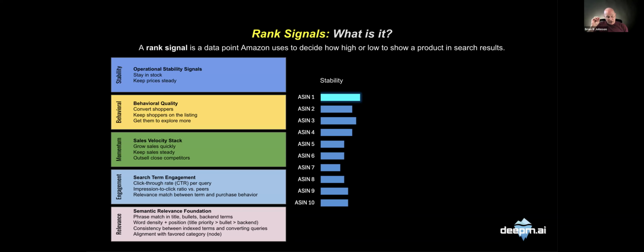So conceptually, the more of these rank signals that you out-optimize your competitors for, which I'm going to help you do today, the more likely that A9 is going to respond in turn and reward you with higher ranking for the individual search terms that you're targeting. I can imagine that you want that.